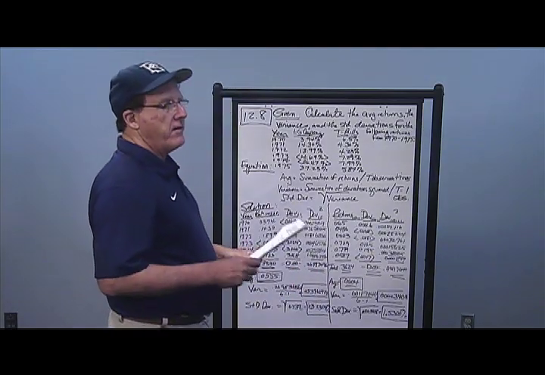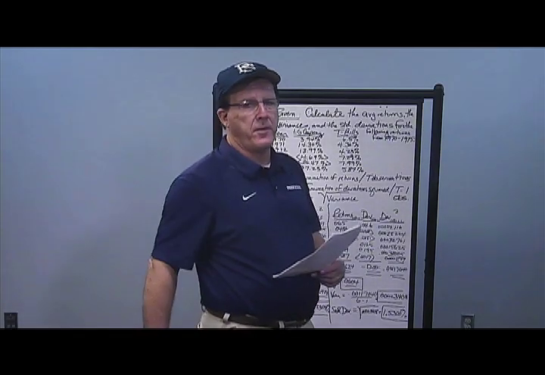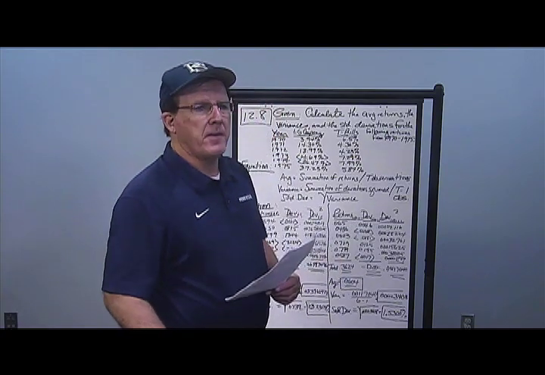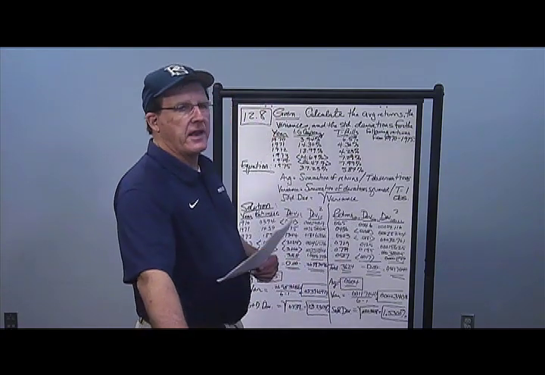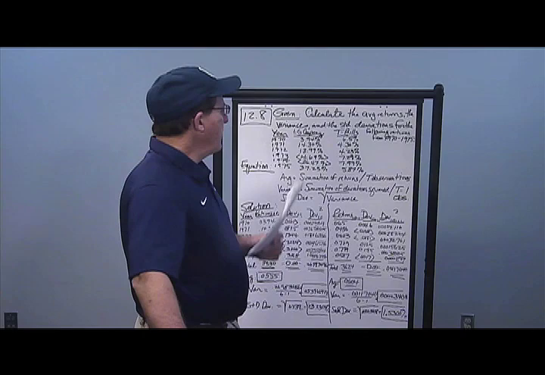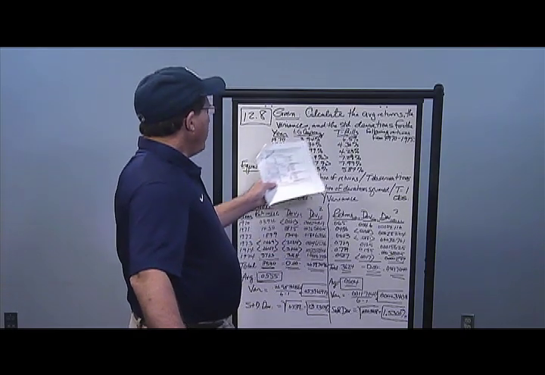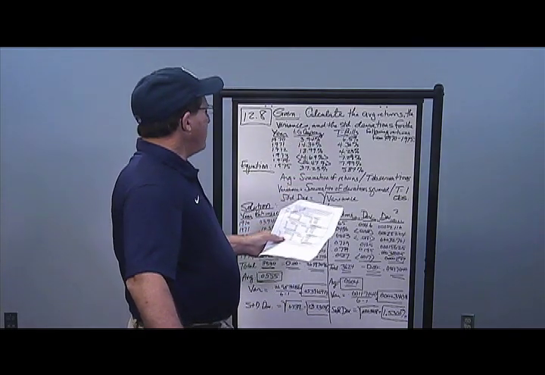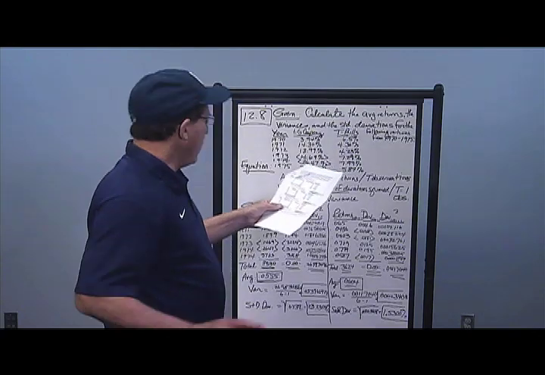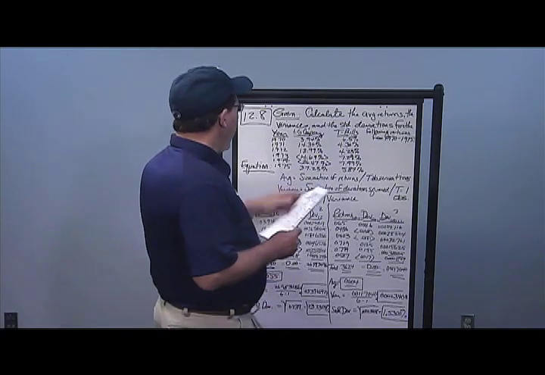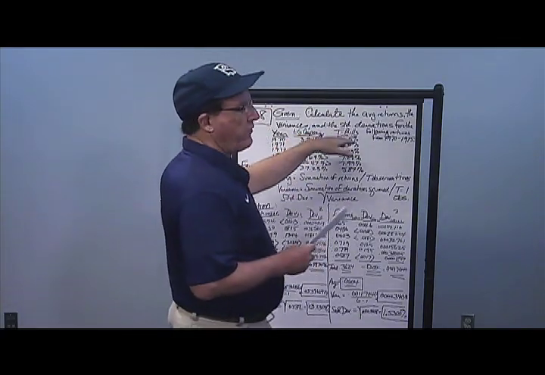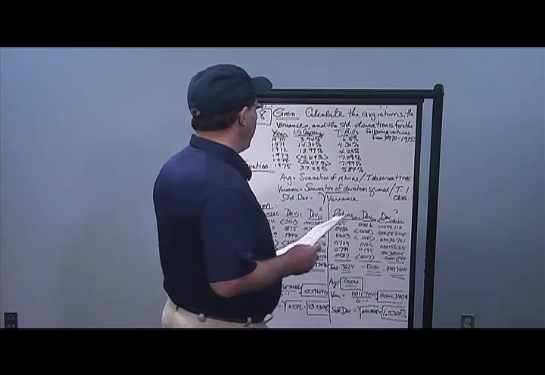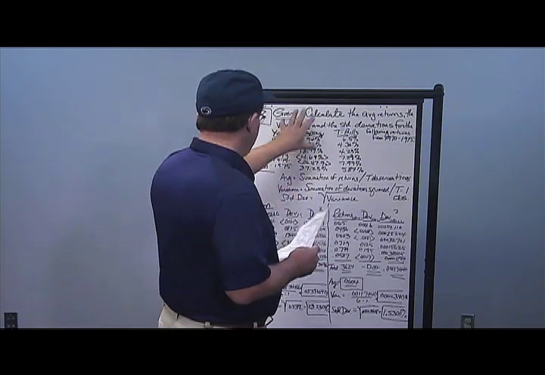Now, the final part of the question asks you to do the risk premium. Risk premium is the premium I receive for investing in a risky asset. So what is the risk premium on the large company stocks? I simply subtract the T-bills, which is the risk-free rate, from the large companies, and create another table just like this.